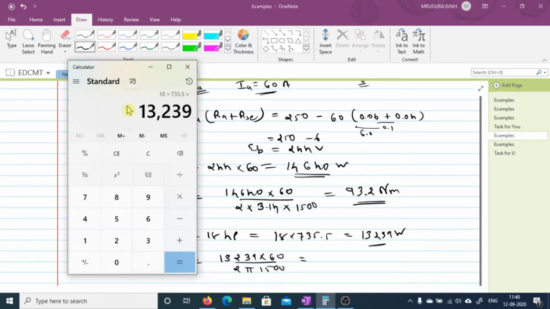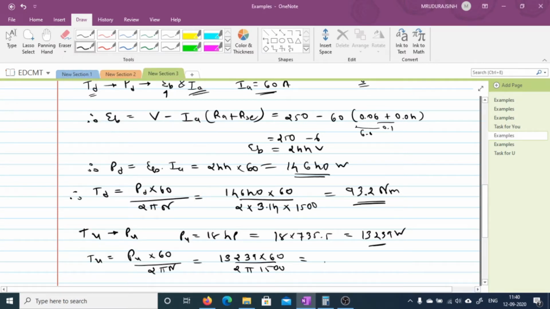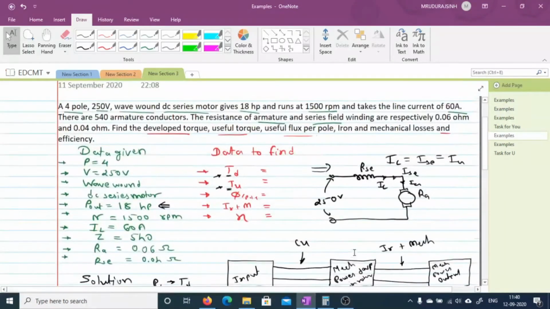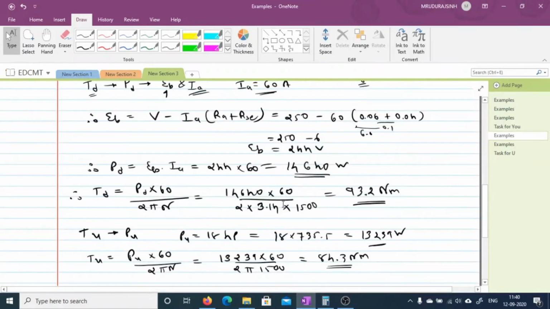This multiplied by 60, divided by 2, divided by pi and divided by 1500, gives 84.3. So the output torque is 84.3 Newton meter. So the first two quantities we have got, and now we need to find flux per pole.